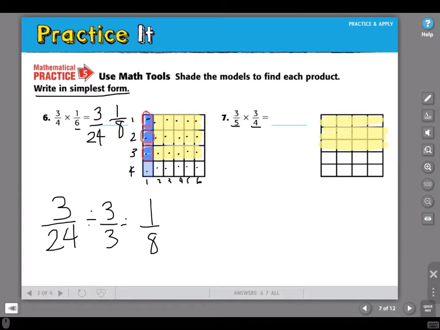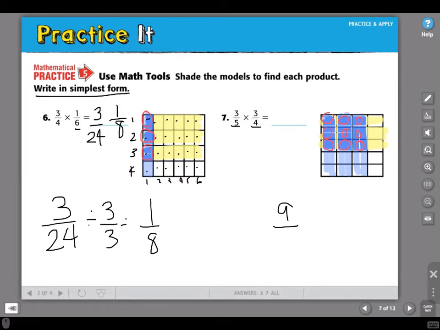To represent 3/4, I'm going to color in 3 of my columns. 1, 2, 3 of my columns. Now, I'm going to look and see how many sections overlap. 1, 2, 3, 4, 5, 6, 7, 8, 9. I know my numerator will be 9.